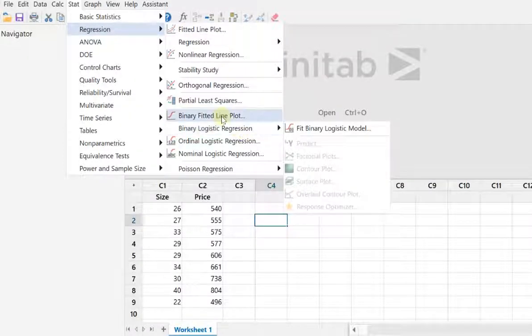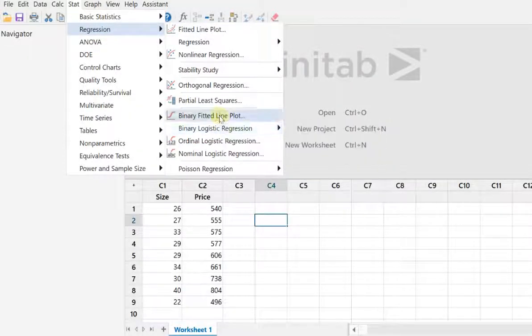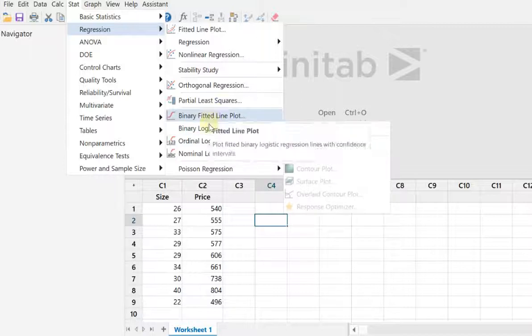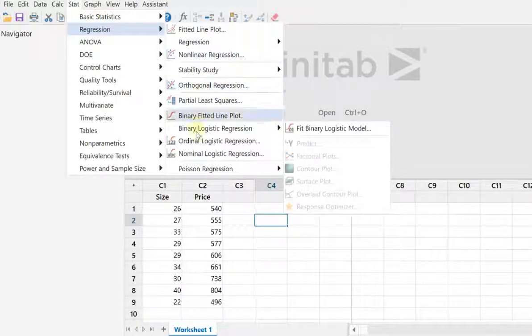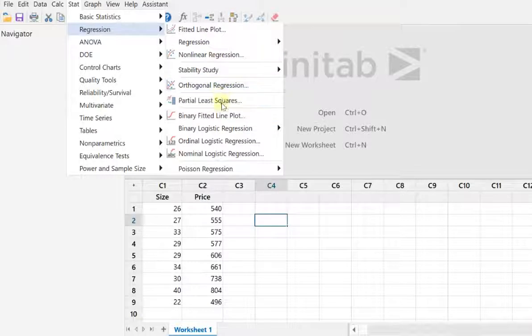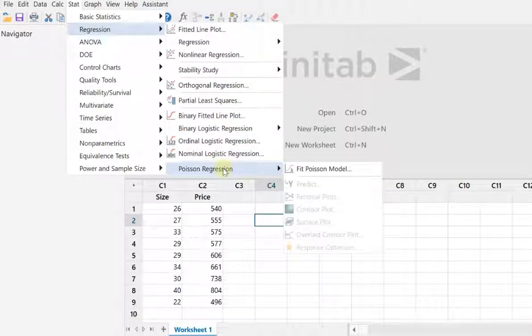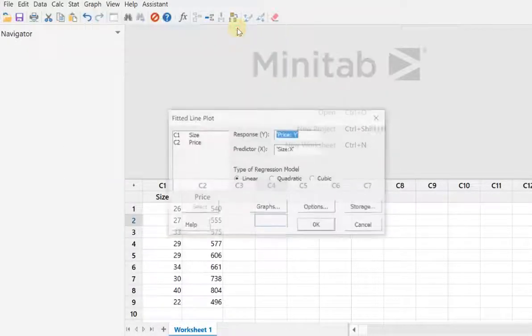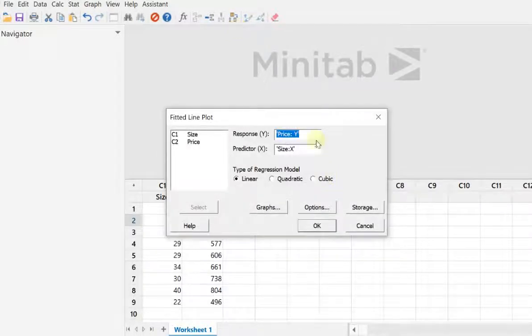See that? And binary fitted line. These are all regression, by the way, everyone. See, regression is such a vast topic. For our work, the fitted line plot that we're going to do does require that y is quantitative. So let me remove these. The reason they're there is because I ran it earlier.